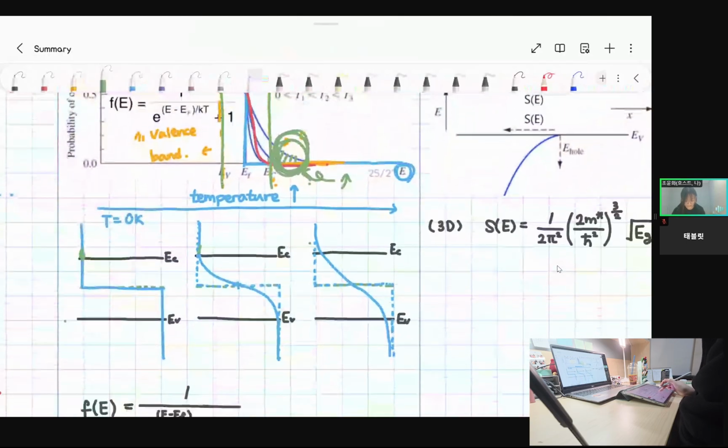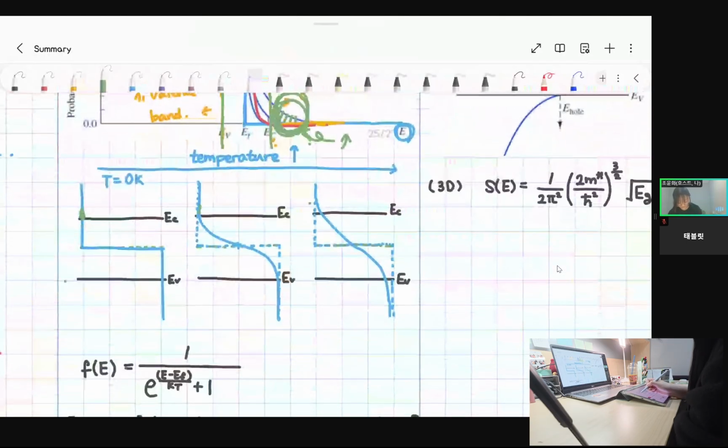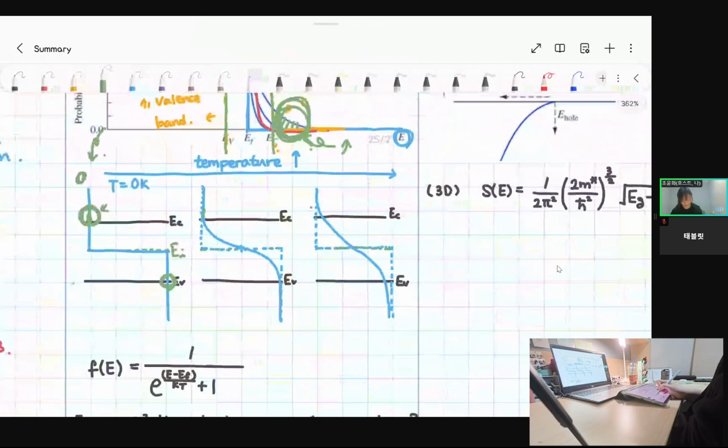For better understanding, I just flipped this graph. For 0 Kelvin, at this edge of the conduction band, there is 0% chance an electron can exist, and 100% of electrons can exist in the valence band.